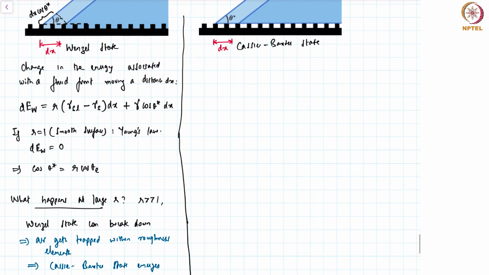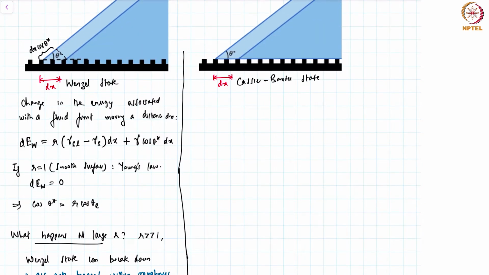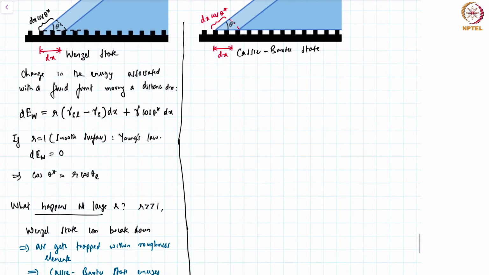What about the other case, the Cassie-Baxter state? Let's do the same kind of analysis. We have moved the interface by a distance dx, and this leads to creating an excess area on the liquid-gas interface that is dx cosine of theta star.